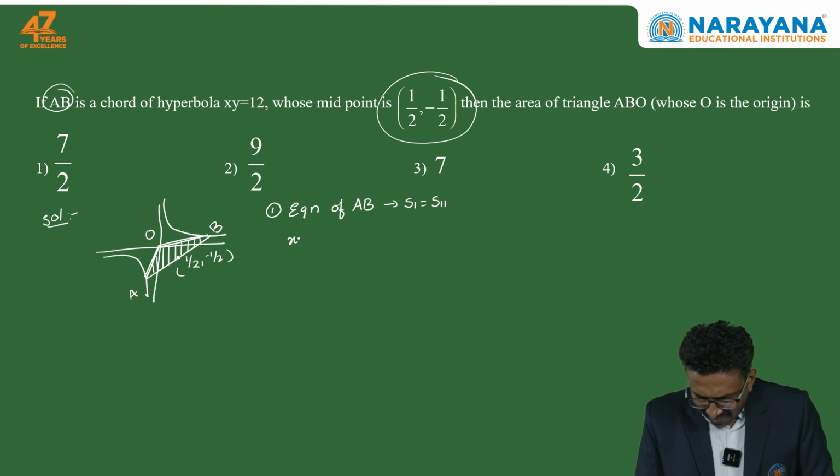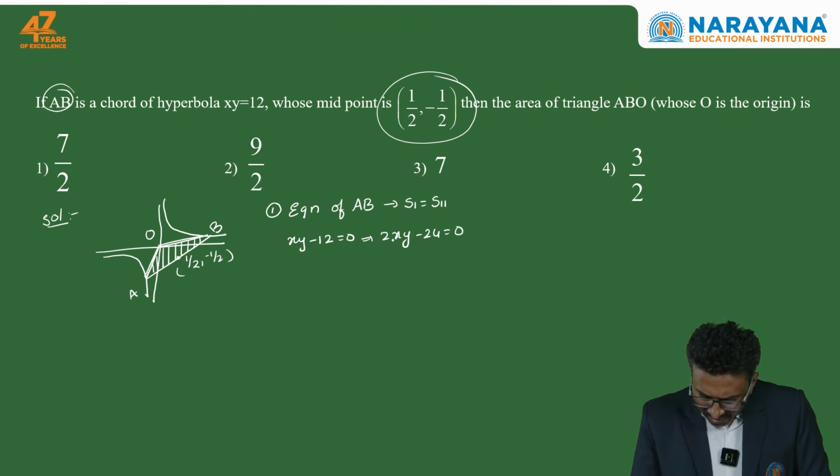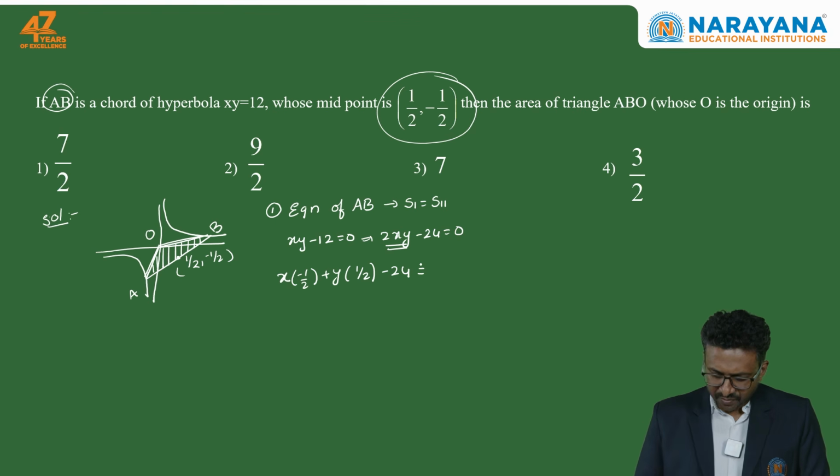So the equation is xy minus 12 is equal to 0. You can write this as 2xy minus 24 is equal to 0. So let us write S1 is equal to S11. So 2xy is replaced with xy1 plus yx1 minus 24 is equal to, this is S1.